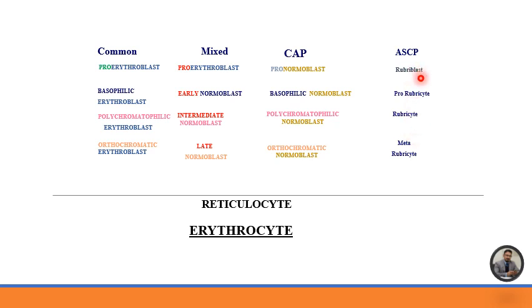So here they use rubriblast, then prorubricyte, rubricyte, metarubricyte, then reticulocyte, and finally erythrocyte. Reticulocyte and erythrocyte are the same in both, but the other names are different from each other.